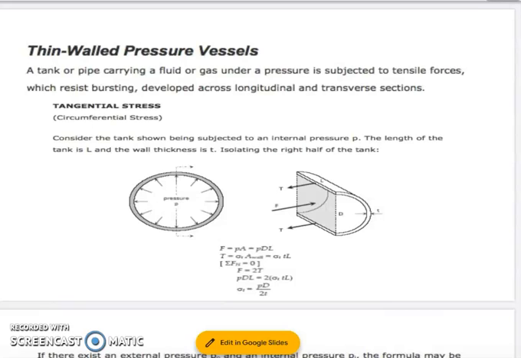And our tensile force is equal to tensile stress multiplied by the area of the wall. And the area of the wall is equivalent to the thickness of the wall of the tank multiplied by the length of the tank.